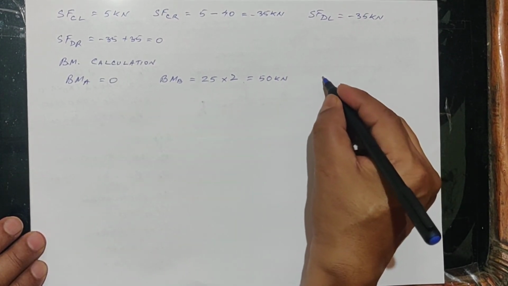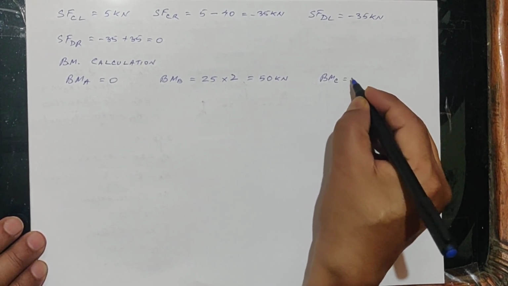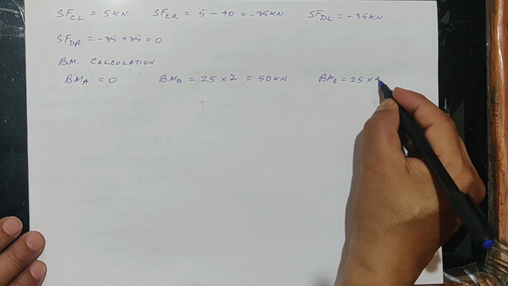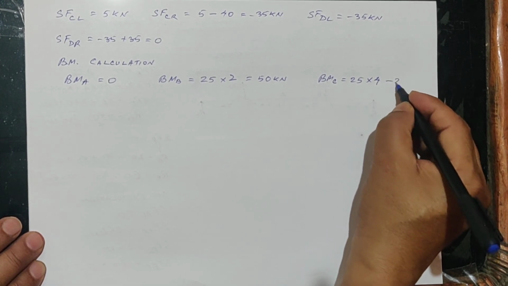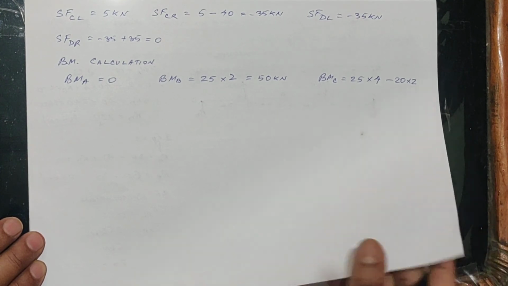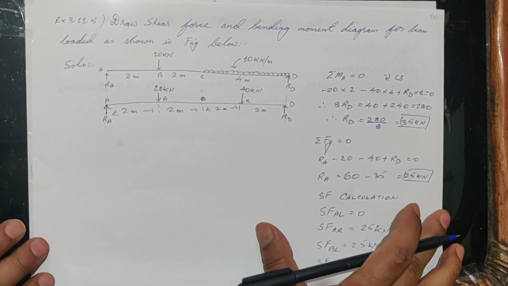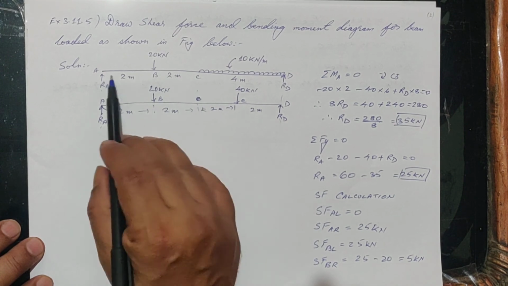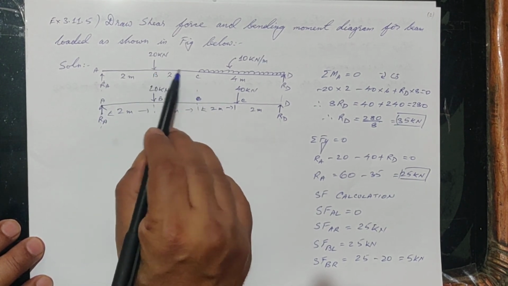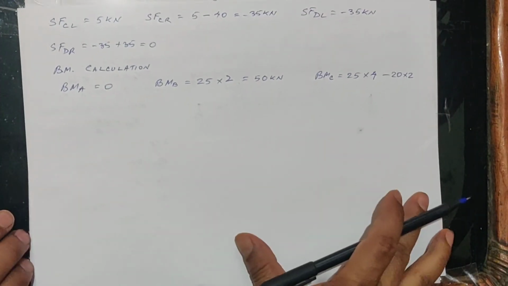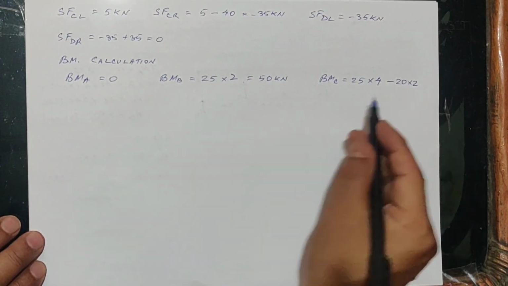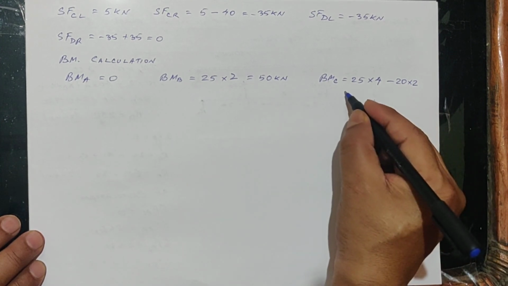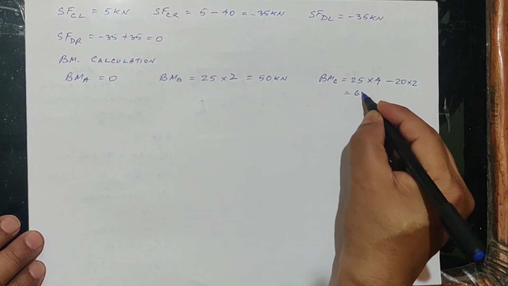Now BM at C is equal to 25 multiplied by 4 minus 20 multiplied by 2. 25 multiplied by 4 from here, this distance, and 20 multiplied by this distance from C. This comes to 60 kilonewton meter.